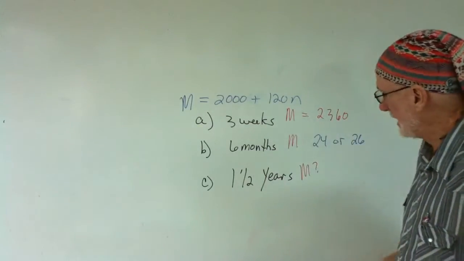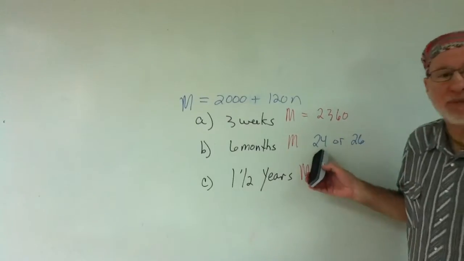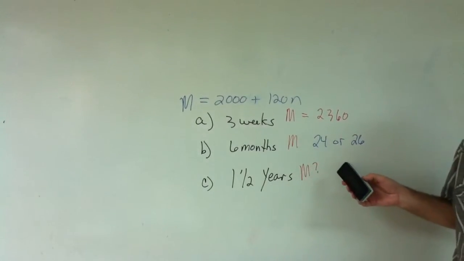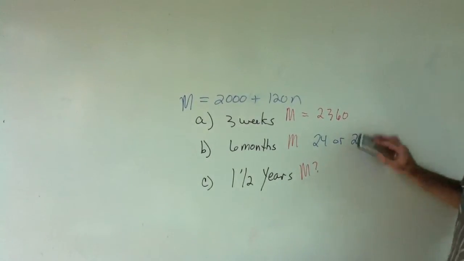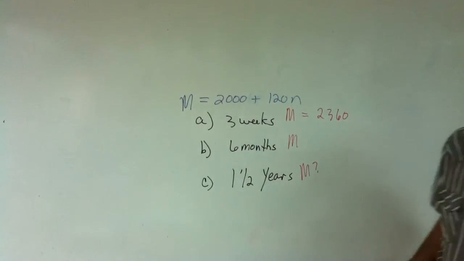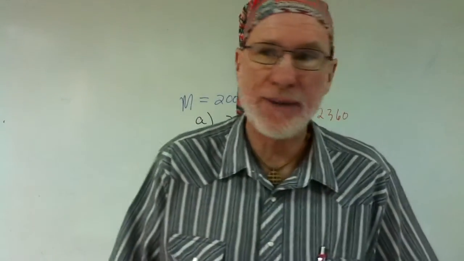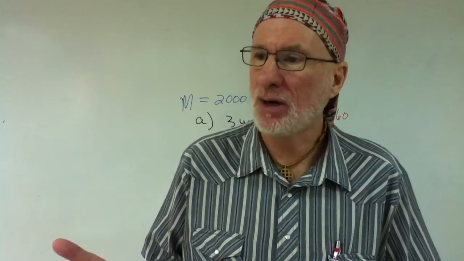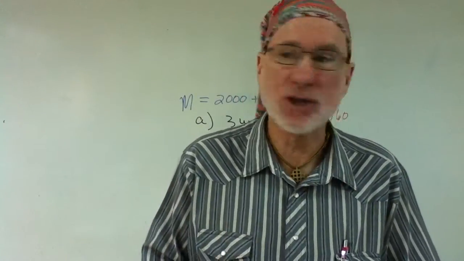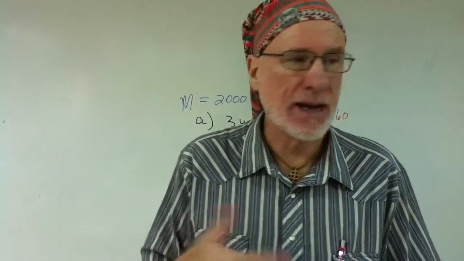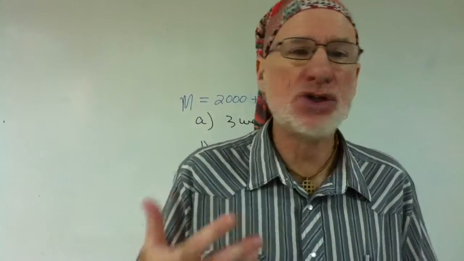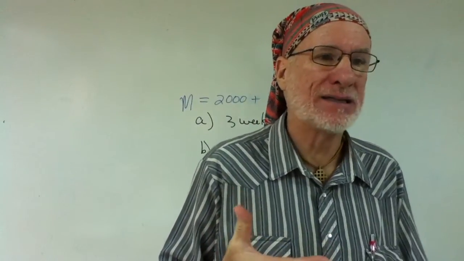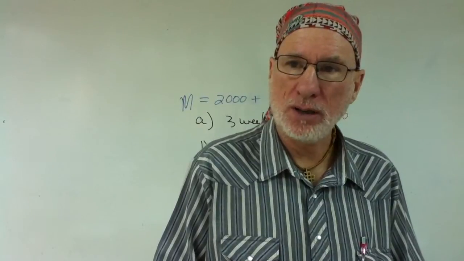Probably 26. You see how you have to make these decisions? Now, if you use 24, would that be reasonable? Yeah, there may be some error. If you use 26, would that be reasonable? Yes.